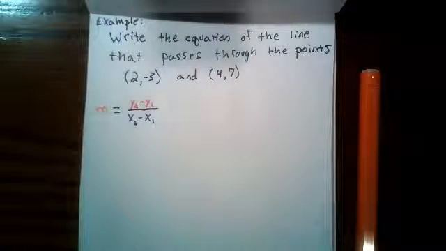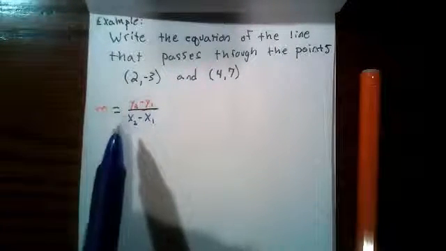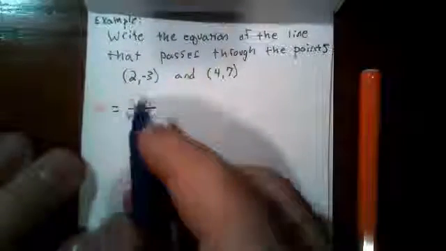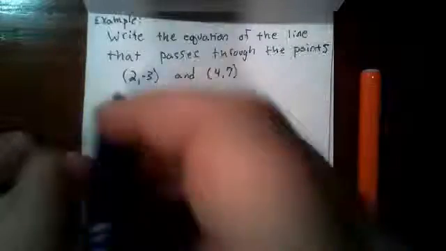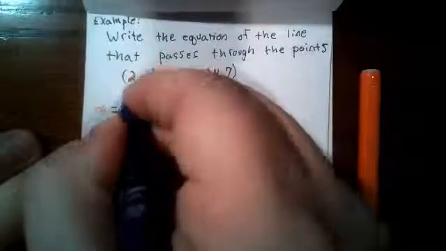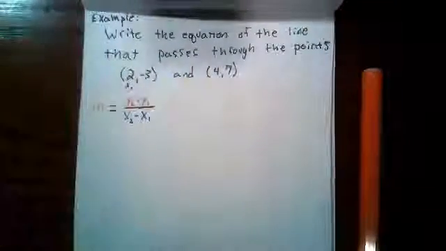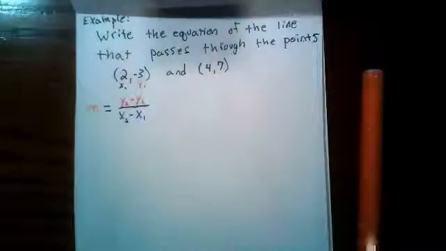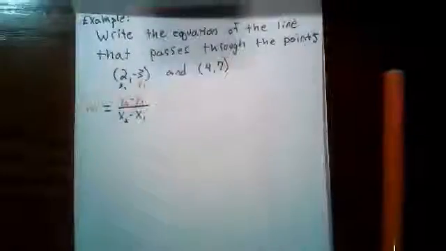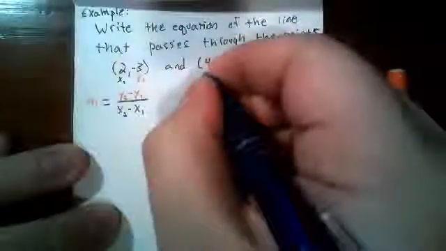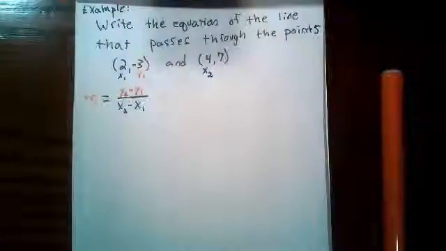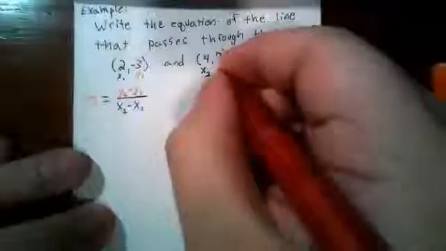Alright, that's the slope formula. And in order to use this formula, I need to find my x and y values. So this here, (2, -3), is going to be my first x, my x1, and my first y, my y1. This here, (4, 7), that's going to be my second x, which is my x2, and my second y, y2.